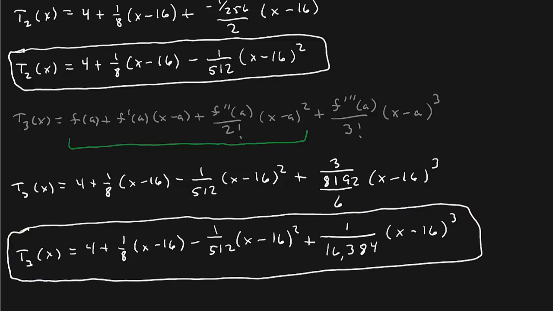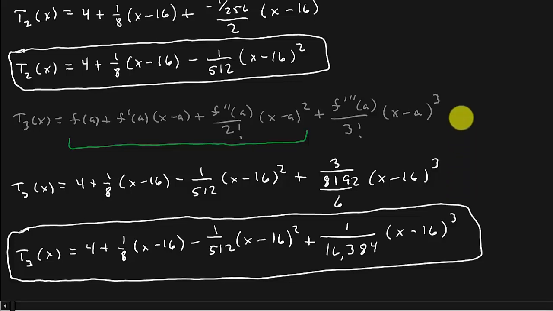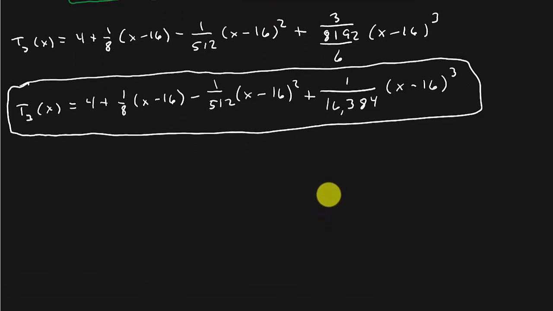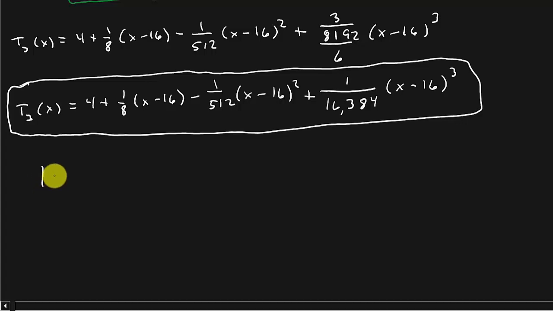All right, so now let's find the absolute error for each of these. Remember, we did that in the second example. That's going to be the absolute value of f of x minus Tn of x. And let's just find it for 0, 1, 2, and 3.